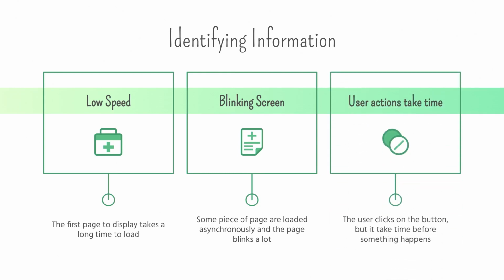And the last piece of information, and it's the most important one, in fact: user action takes time. So when the user clicks on the buttons, it takes time before something happens. In other words, it takes too much time before the data are refreshed correctly in the page.